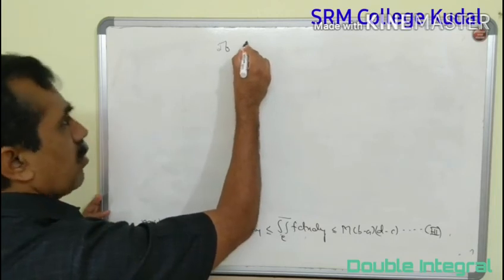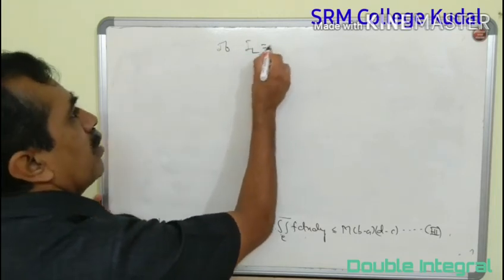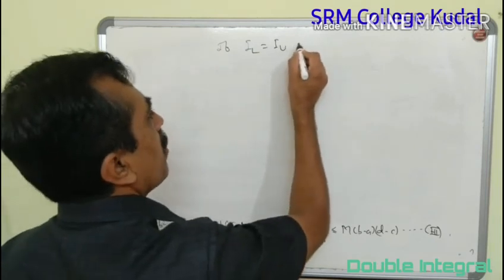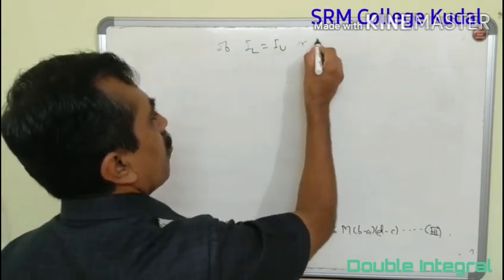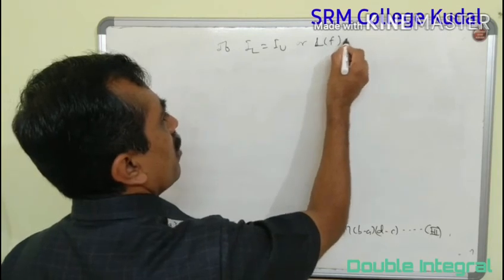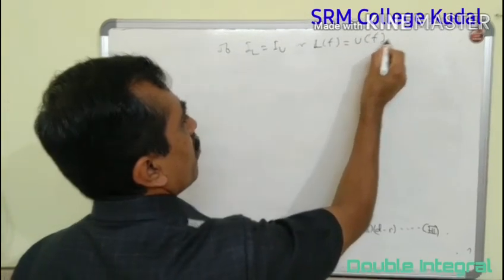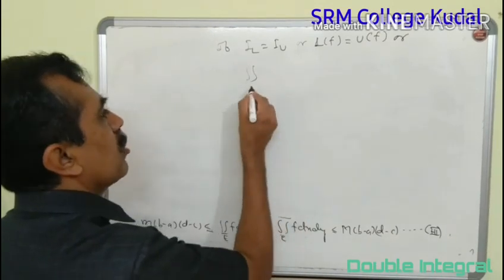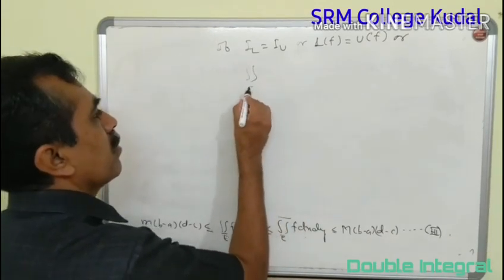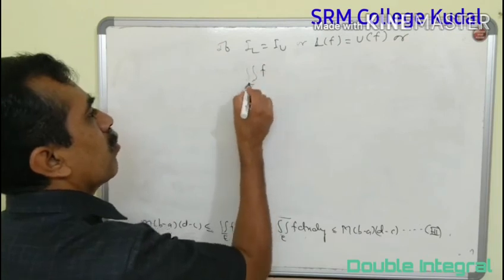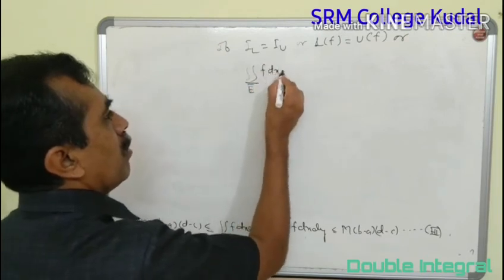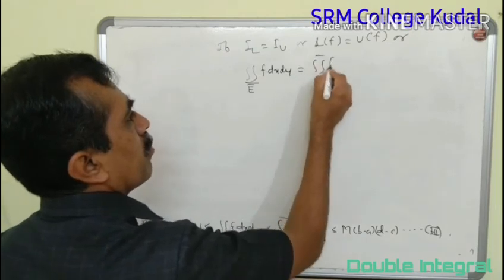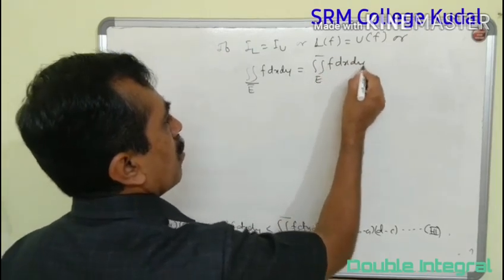So if the lower integral is equal to the upper integral, we also denote it by lower integral of f and upper integral of f, or you may write it in terms of double integral notation as the lower integral of f over E with respect to x and y.